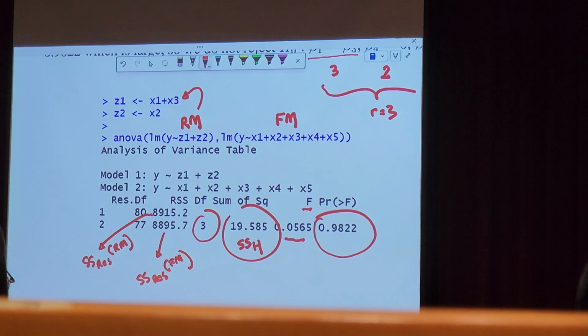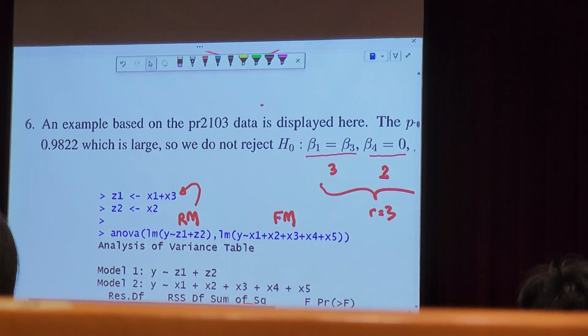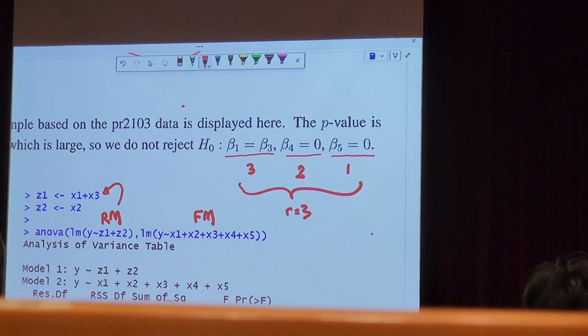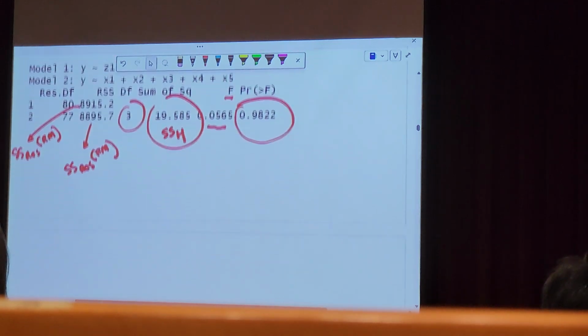So the p-value is large, so there is no evidence to indicate that the alternative hypothesis is true. So in fact, the null hypothesis is probably true. Here, probably, because we don't have any evidence to reject this null hypothesis. All right.